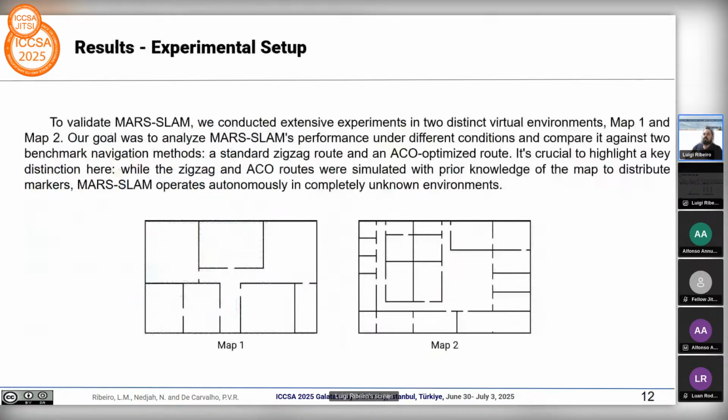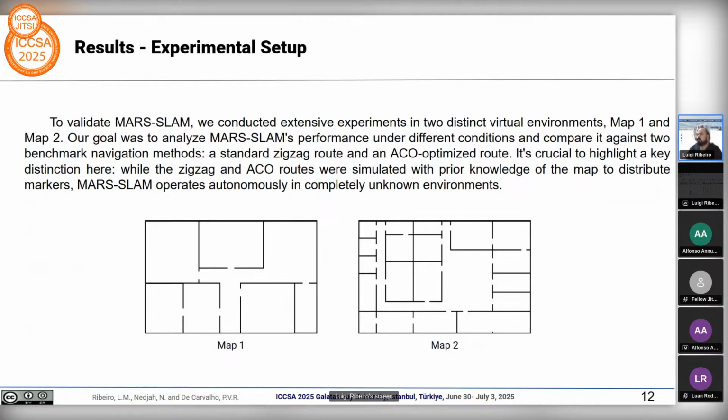Results. To validate MARS-SLAM, we conducted extensive experiments in two distinct virtual environments, Map 1 and Map 2. Our goal was to analyze MARS-SLAM performance under different conditions and compare it against two benchmark navigation methods, a standard zigzag route and an ACO optimized route.